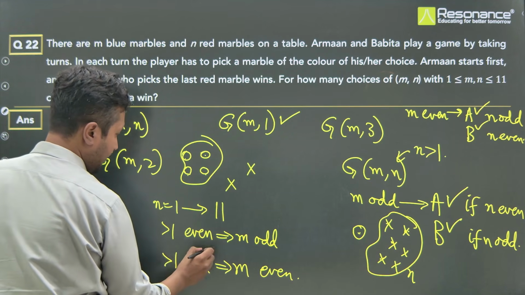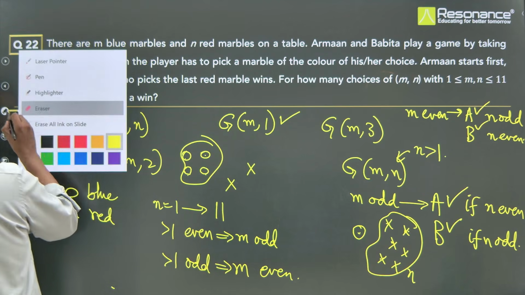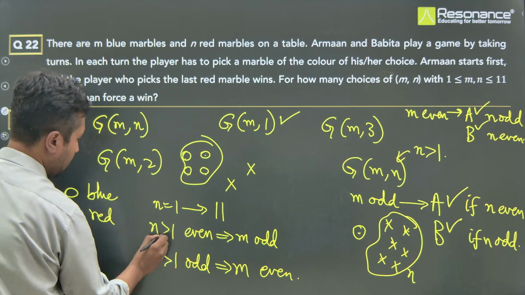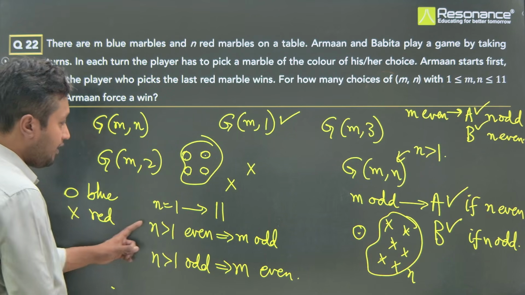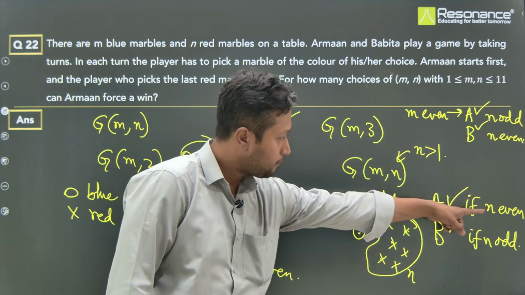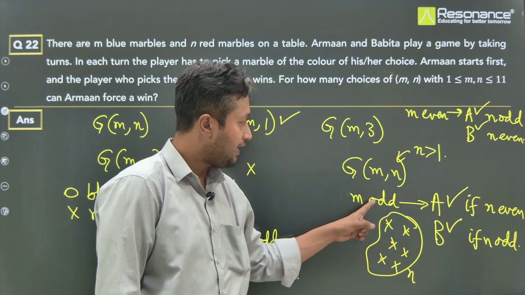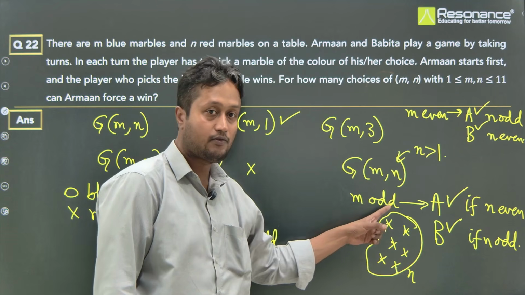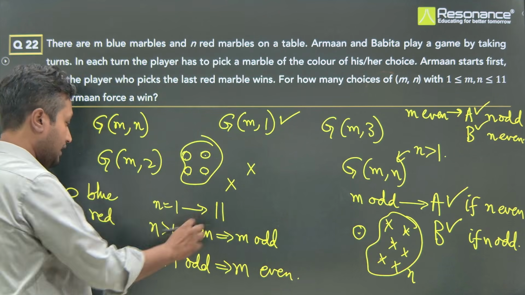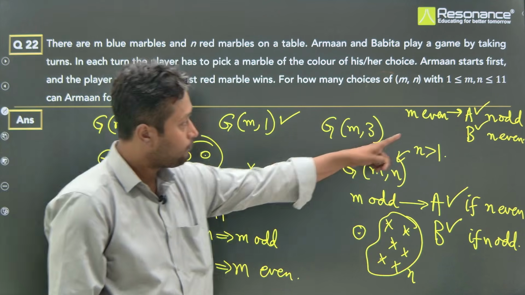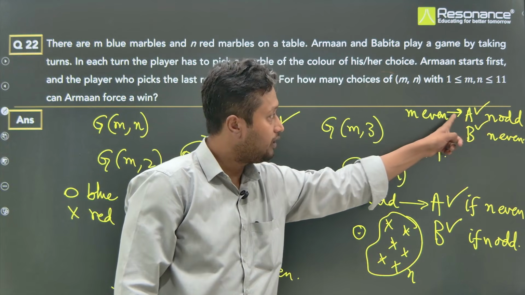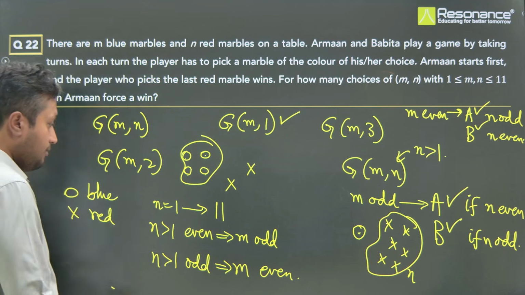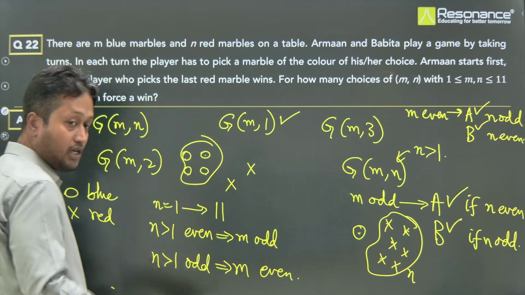What I should be saying is, oh yeah, why not? That looks right. If n is greater than 1, even, then the only scenario where A can force a win is M is odd. So M is odd over there. And if N is odd, Arman can force a win when M is even, right? So those are the scenarios.